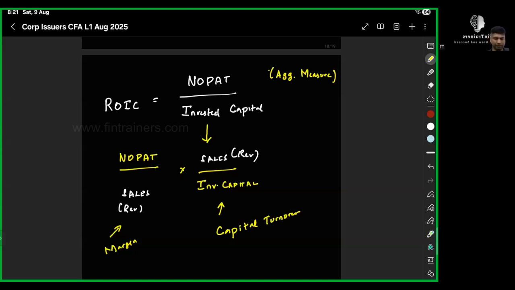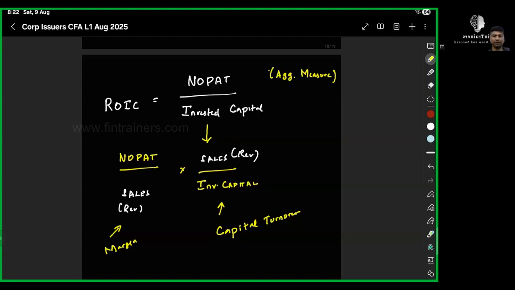You can have a business with a high margin or high capital turnover, but it's usually very tough to make both of them high. Because if I am in, say, the manufacturing of cars, it's going to take some time to buy the raw materials, manufacture it, send it to distributors, sell it, and all that. It's going to take time.